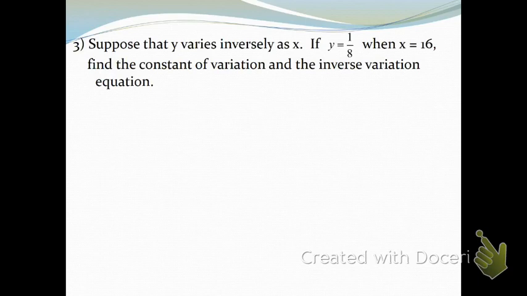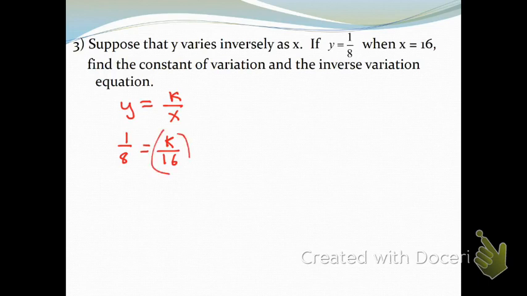Suppose that y varies inversely as x. Let's write right now: y equals the constant divided by x because we're varying inversely. If y is 1/8 and x is 16, find the constant of variation and then the variation equation.